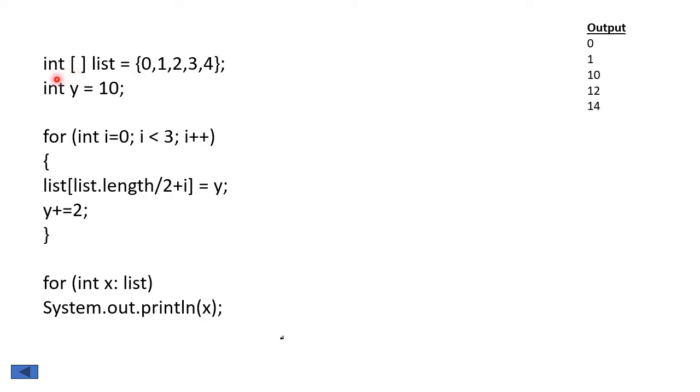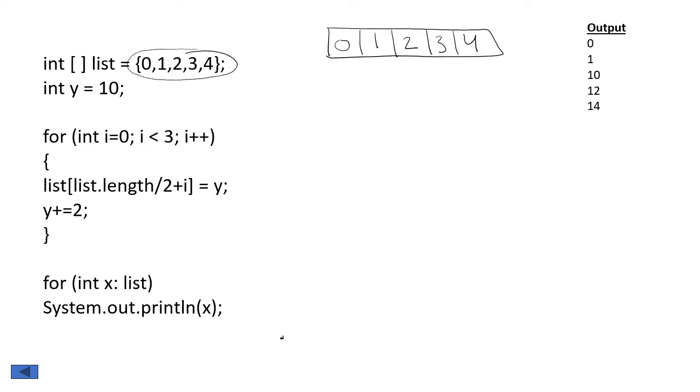So the first statement says you have a list from 0 to 4. I will create an array with the values 0, 1, 2, 3, and 4. These values between the curly brackets are saved inside my array.